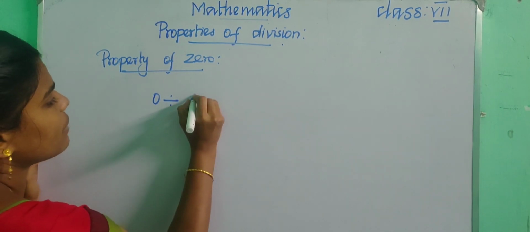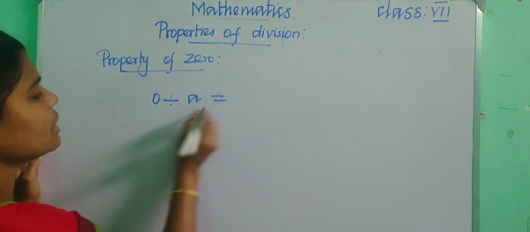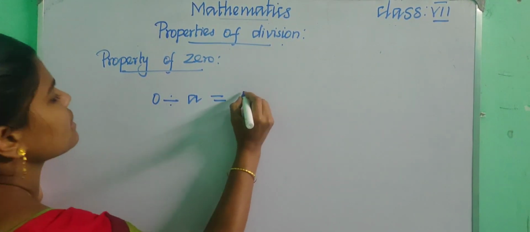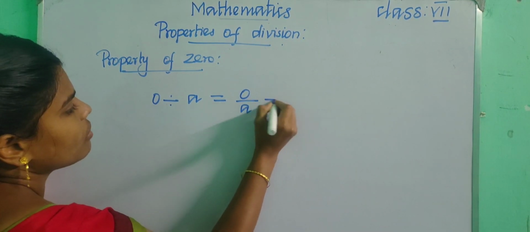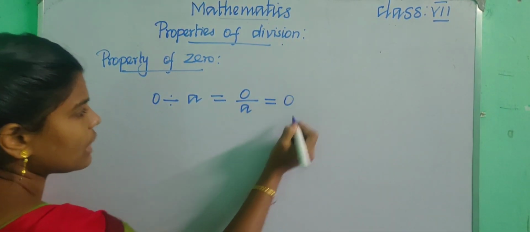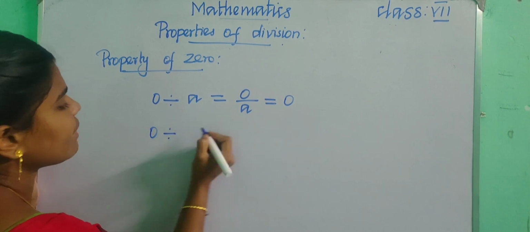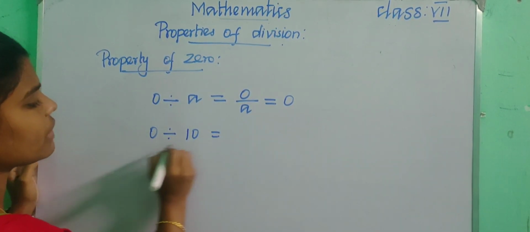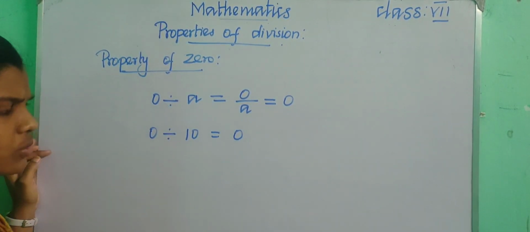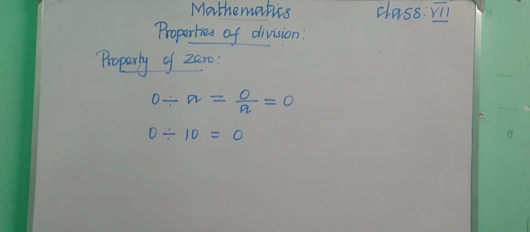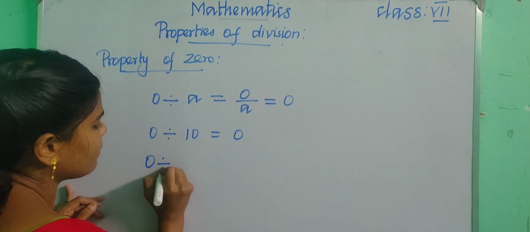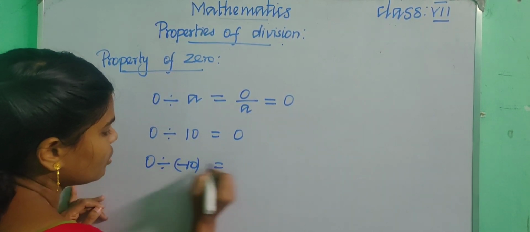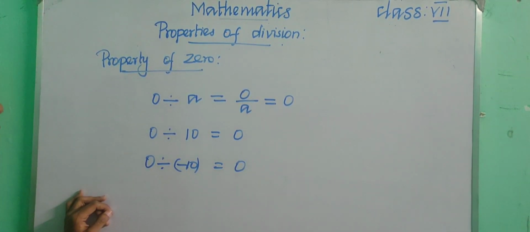If 0 divided by a, what will you get? 0 divided by a, that is 0 upon a. You will get 0, right? If you divide 0 by 10, what will you get? You will get 0. That is the answer. This is called property of 0. If you divide 0 by minus 10, what will you get? You will get 0.